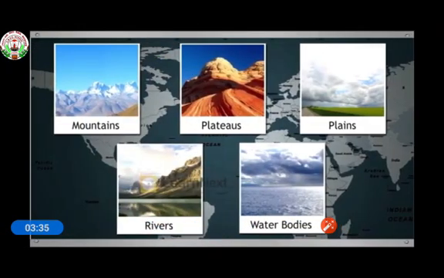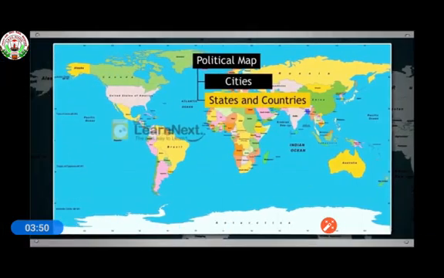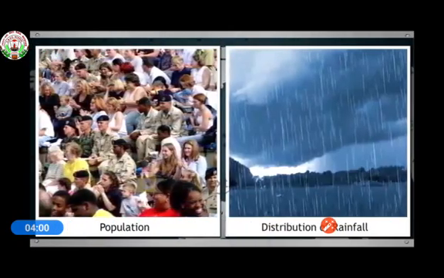A physical map shows physical features such as continents, plateaus, plains, rivers, lakes, oceans, mountains, valleys, water bodies, etc. A political map shows the political boundaries of different countries, states, capitals, major cities, etc.